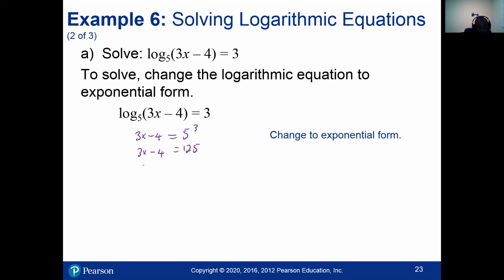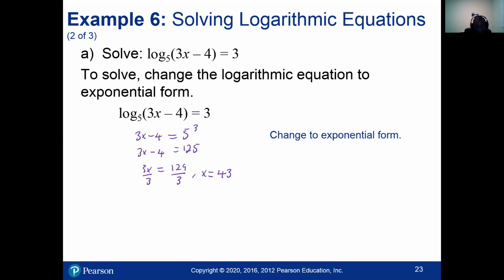Okay, so you have 3x is equal to 129. We add 4 to both sides, and then divide both sides by 3. Okay, you have x is equal to, I believe, 43. 129 divided by 3 is 43.